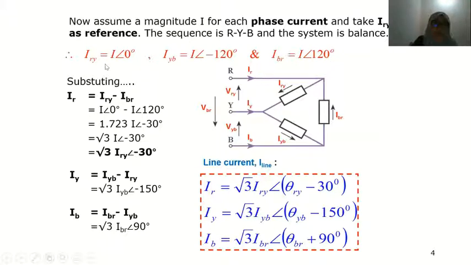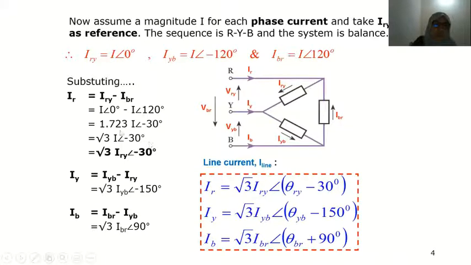By taking all these phase currents, we substitute into your line current here. Your first line current, IR, from the KCL is IRY minus IBR. You put the value for IRY and you put the value for IBR.